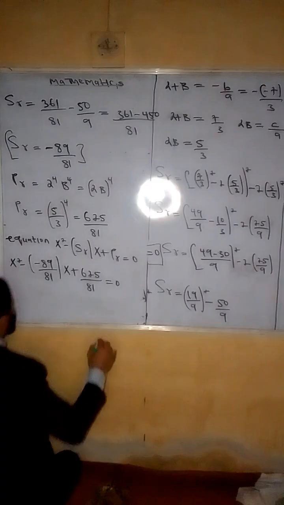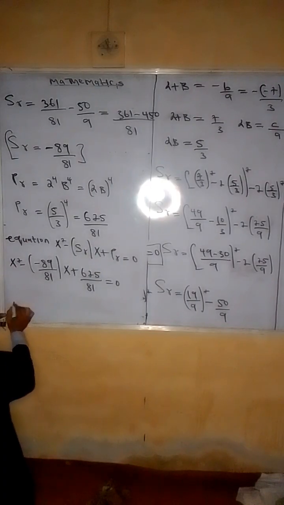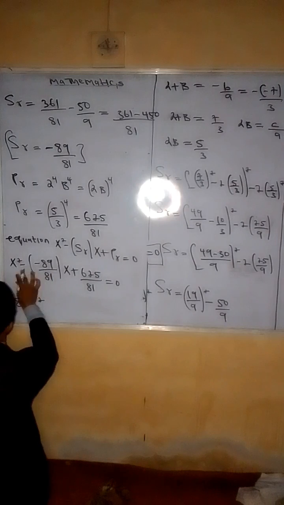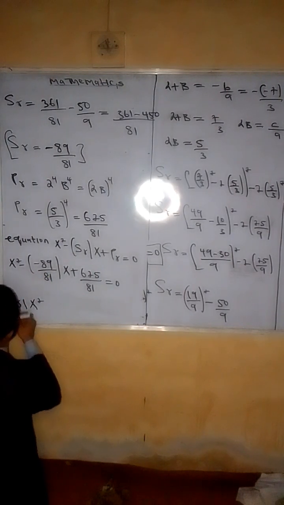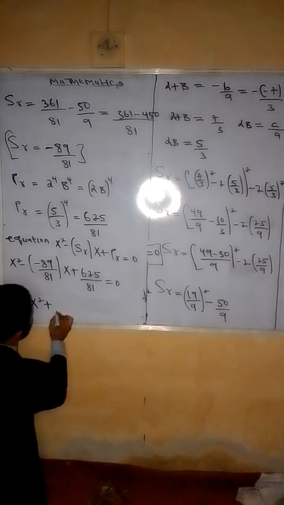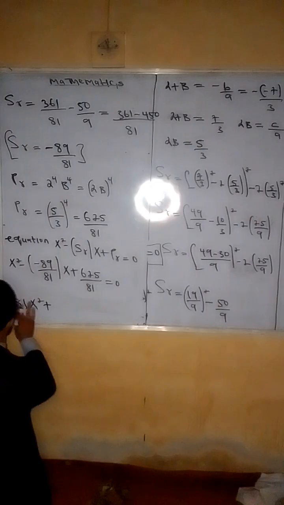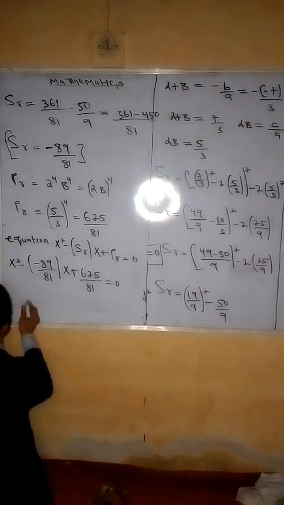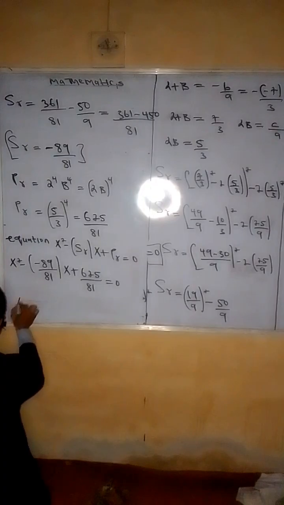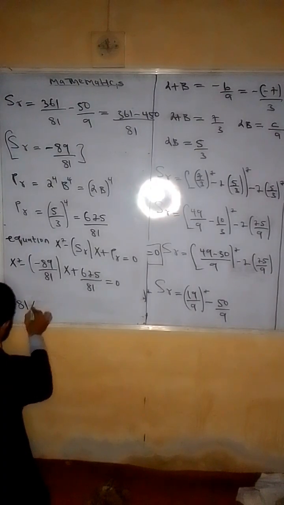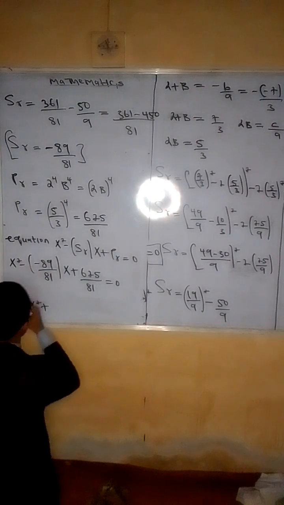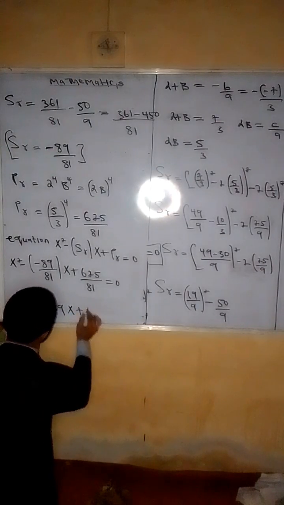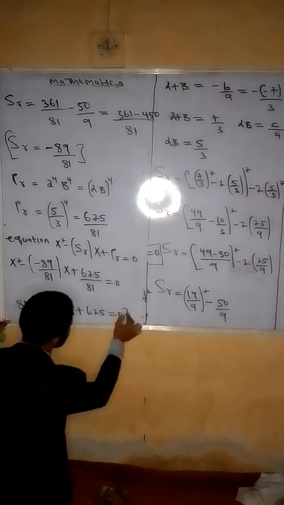What we simply do at this point is to simplify by applying the rule of fractions. We multiply through by 81. 81s squared, minus becomes plus, 89s, plus what will be left here is 625, is equal to 0.